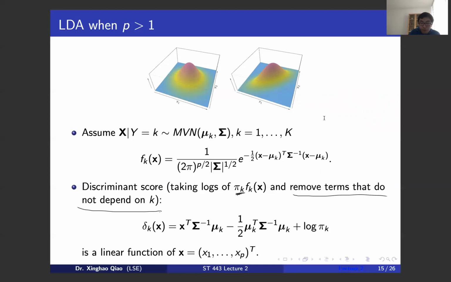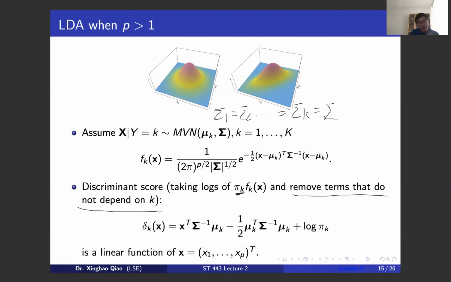Here we make an assumption that sigma 1 equals sigma 2, etc., equals sigma capital K. These are the covariance matrices for the K classes. Remember, in the univariate setting, we assume the same variance. Under the multivariate setting, we may assume the same covariance matrix across the different classes: sigma 1 equals sigma 2, etc., equals sigma.